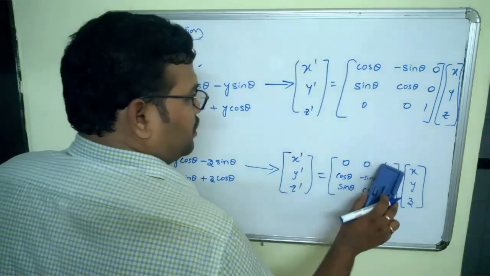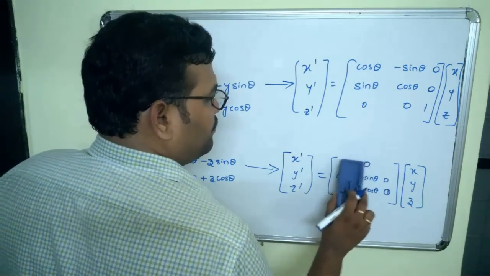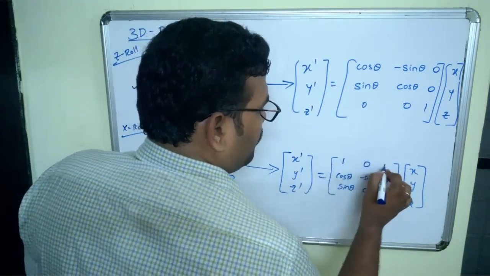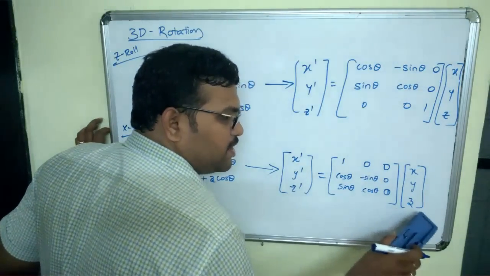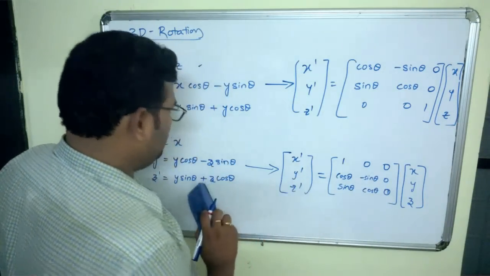So x dash is equal to, this is 0, this is 1. So if you multiply this matrix with this matrix, we will get the same formula.